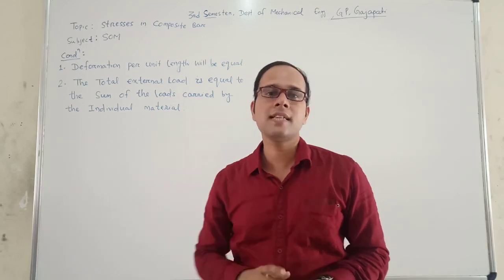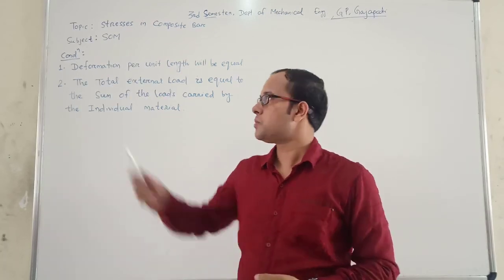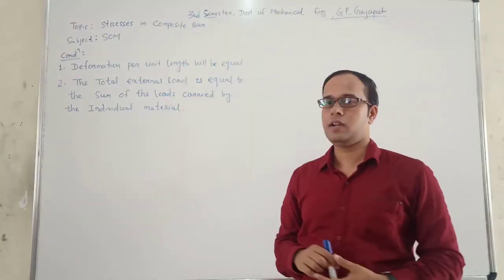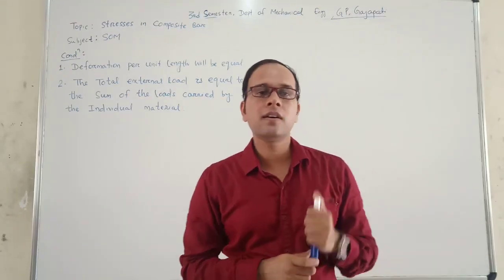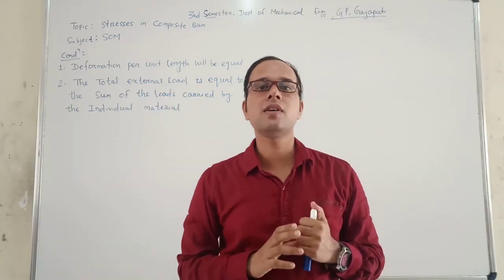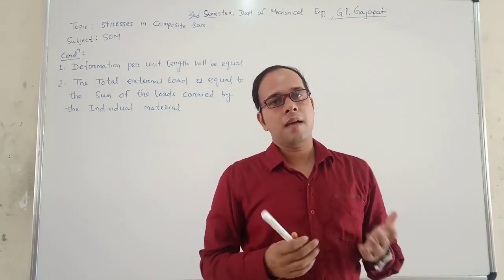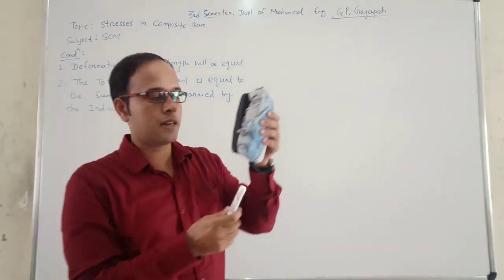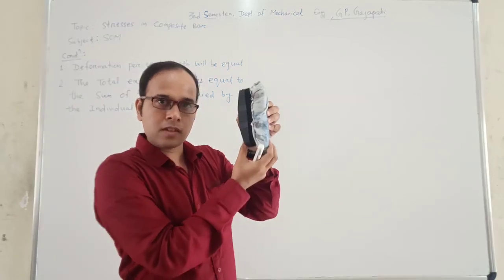If I divide by the original length, I get strain. So the first point: strain should be equal. Second point: the total load applied on the body will be equal to the sum of the load shared by the individual materials. I have two materials in a composite material. Now I apply a load of 10 kilonewton.